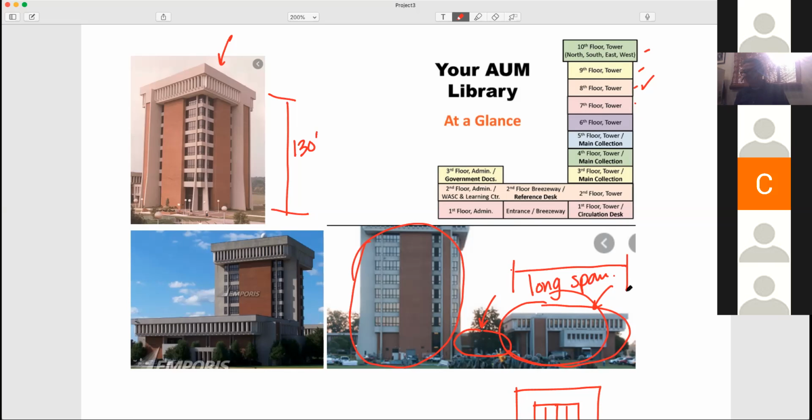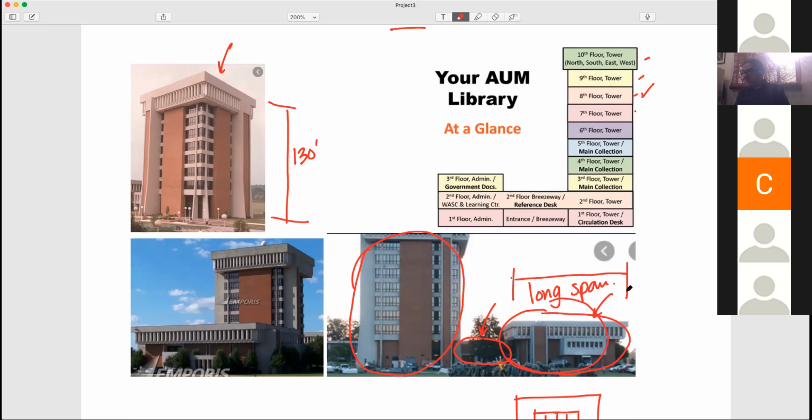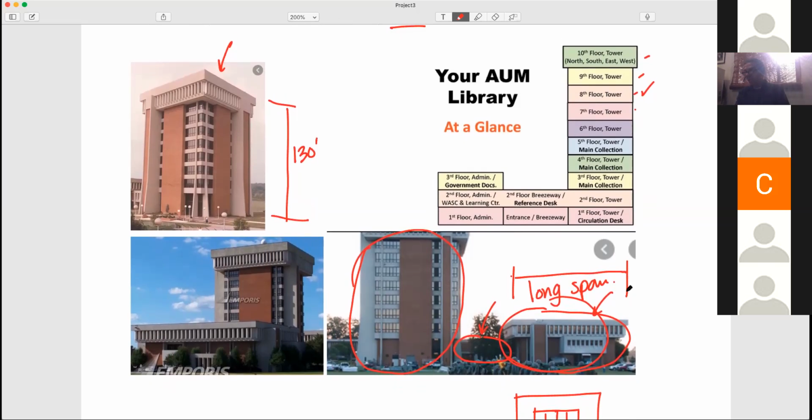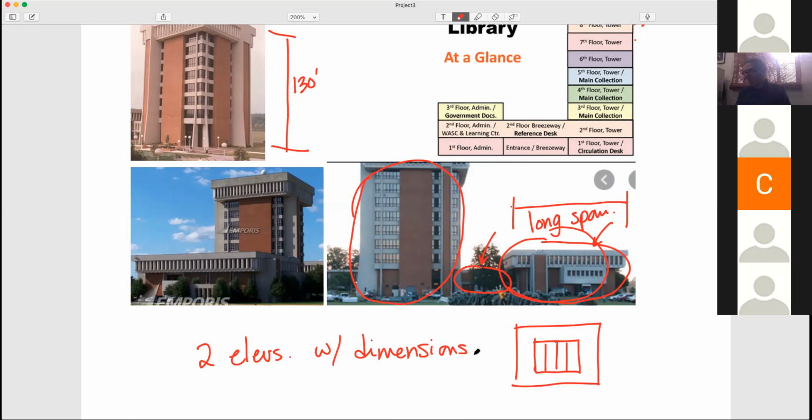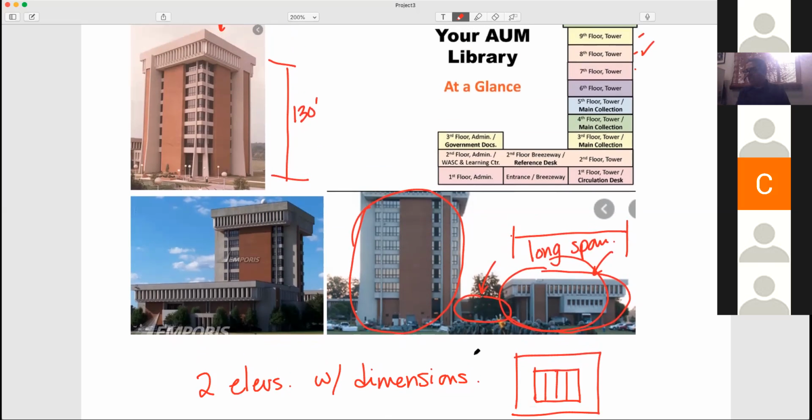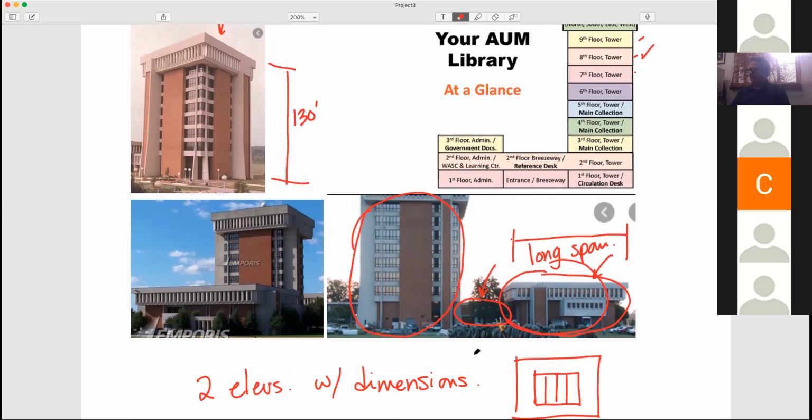You do not have to find the actual floor plan of the building, but I would be able to have some elevations with dimensions just by sketch. So I'd have a big picture idea of what my building, or sort of this complex here, is going to look like. So my pieces are sort of coming together now.